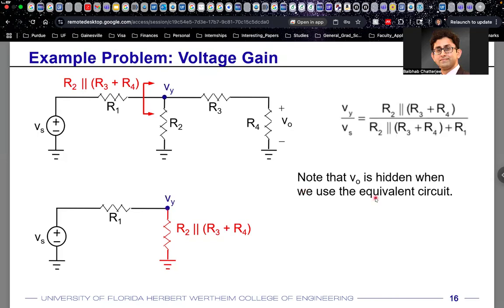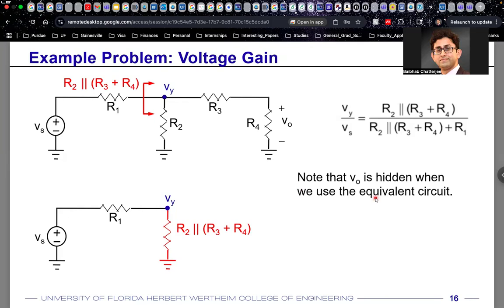Okay, now let's call this point's voltage Vy, an intermediate voltage. That Vy is going to be a voltage division between R1 and this complex resistance of R2 in parallel with R3 plus R4. You already know the formula of voltage division. The voltage that you are trying to find out, which is the voltage across this complex resistance, will be directly proportional to the value of the complex resistance.